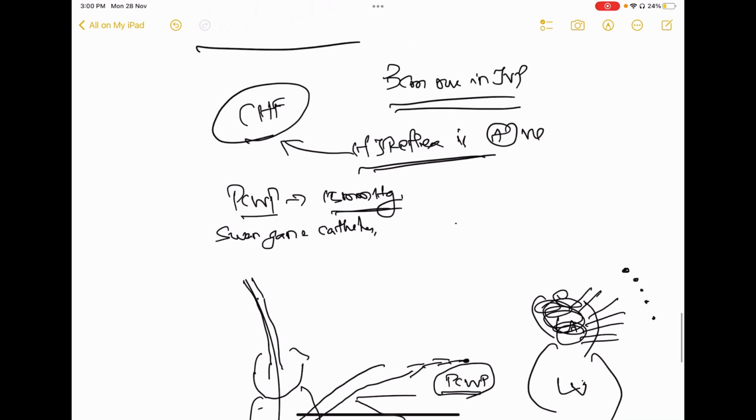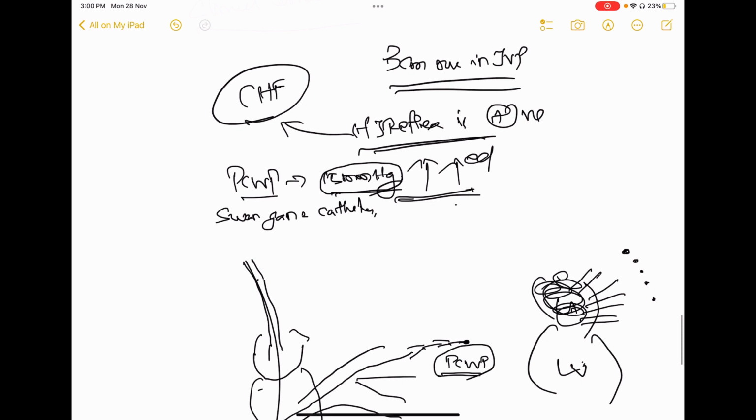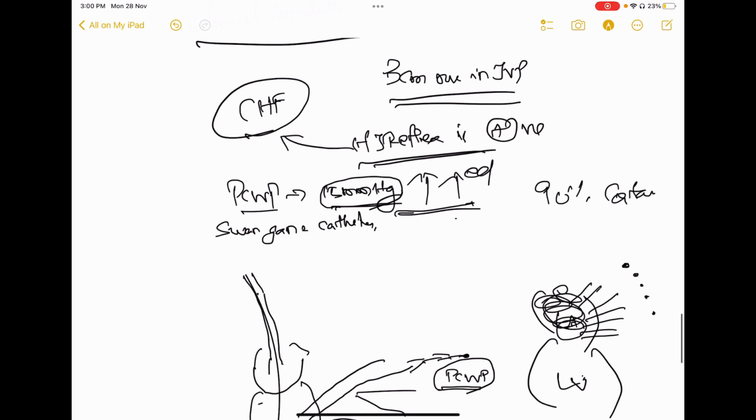So a positive hepatojugular reflex translates to a pulmonary capillary wedge pressure of 15 millimeters of mercury, which is obviously elevated. If the hepatojugular reflex is positive, you can say with about 90% certainty that the pulmonary capillary wedge pressure is going to be more than 15 millimeters of mercury.